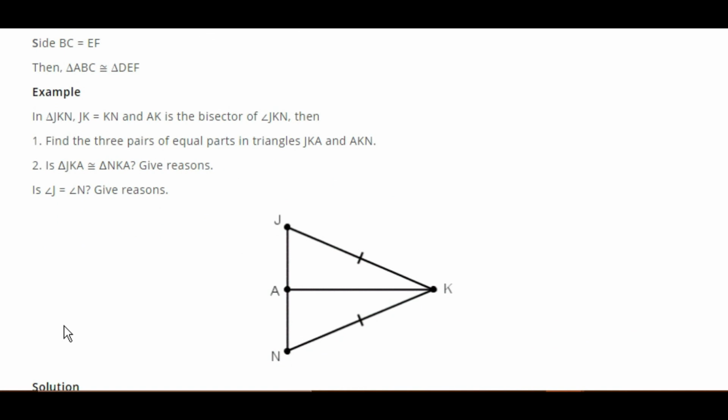Let's take one example. In triangle JKN, JK is equal to KN. Then AK is the bisector of angle JKN.